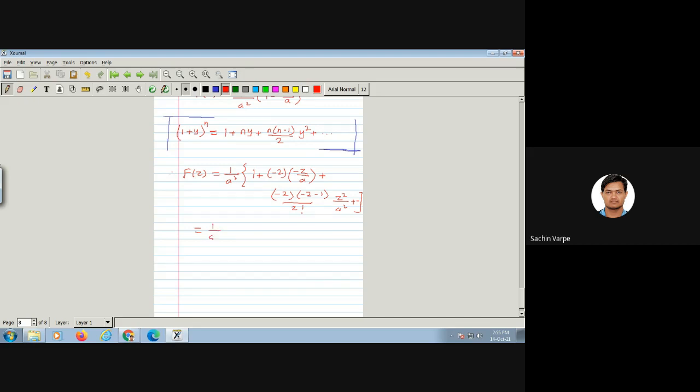1 by a square into 1 plus 2 by a z, plus, because it is minus 2 into minus 3, that is plus 6 by 2, 3 by a square z square, plus and so on.